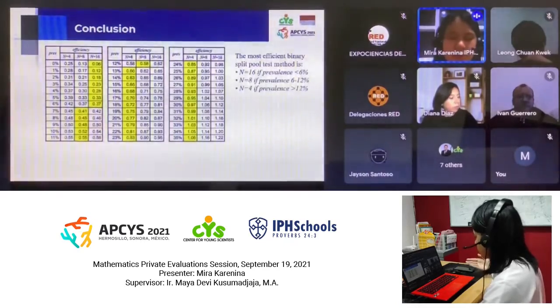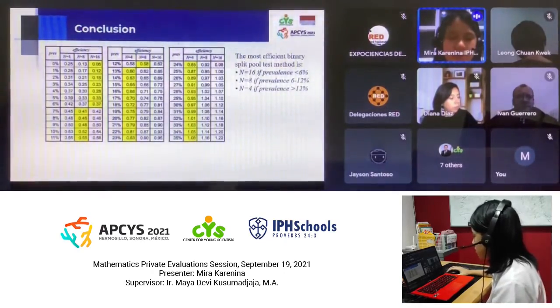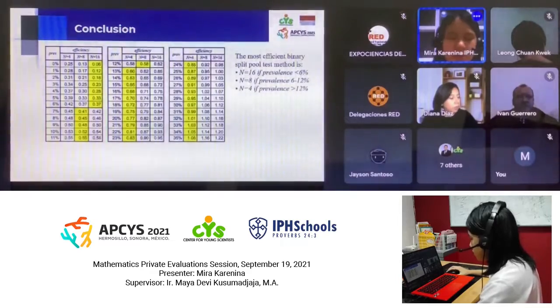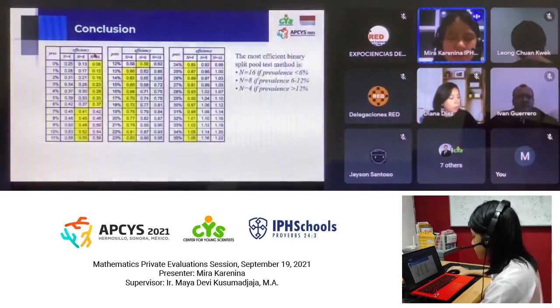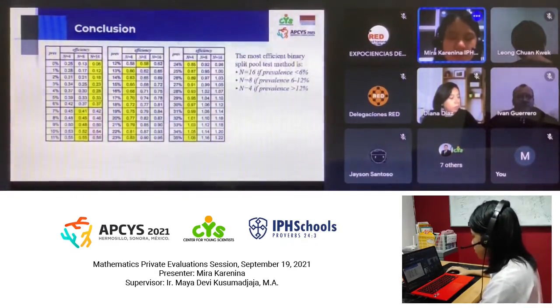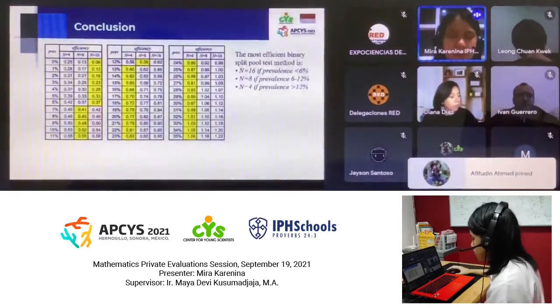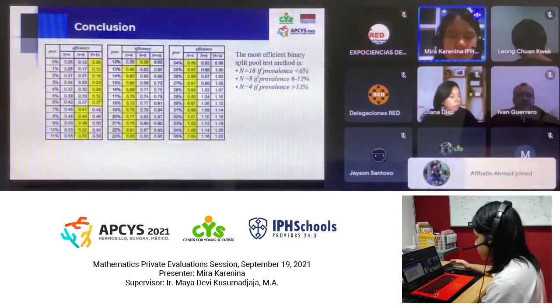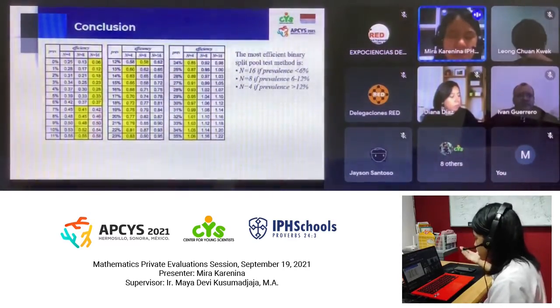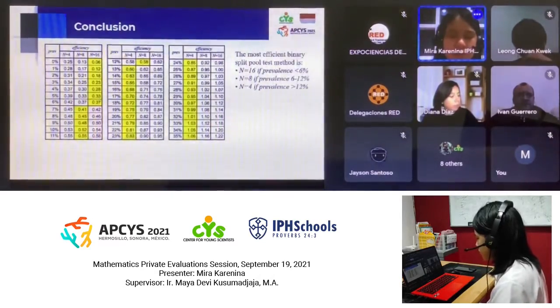Here I only tested the binary split pool test method, and I got this as my efficiency. So I think the way to improve it is by using maybe another method of pool test.